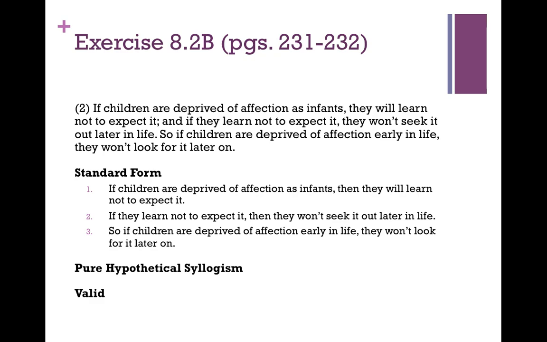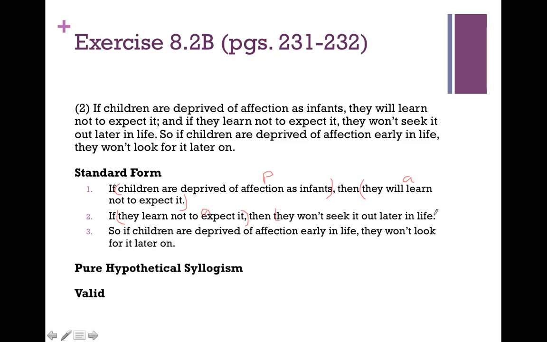If you were to try to figure out the symbolic form of this, we could put parentheses around "children are deprived of affection as infants," and say that this is P. Then "they will learn not to expect it," we could say that is Q. If they learn not to expect it, well, that's just Q again.